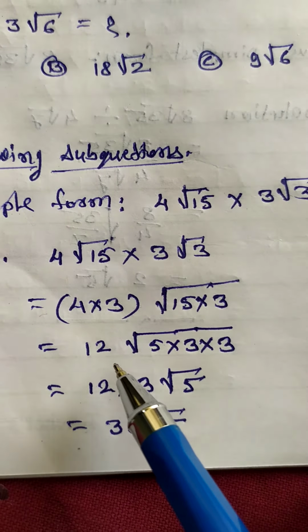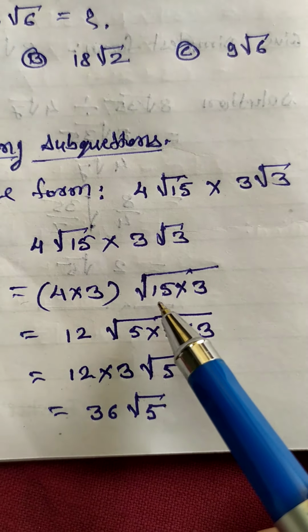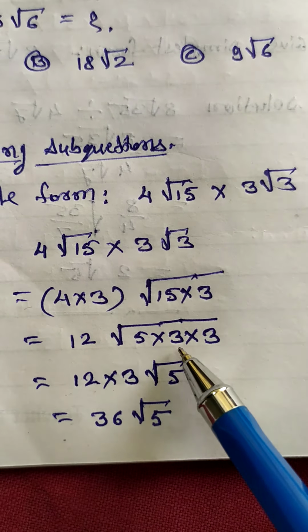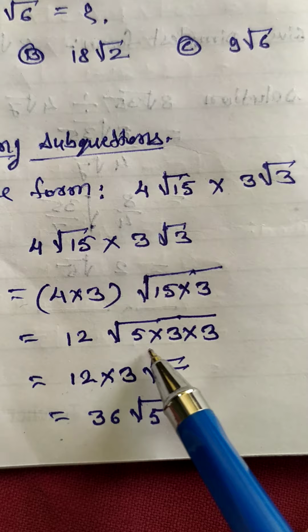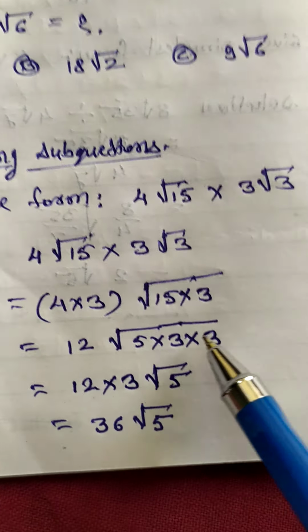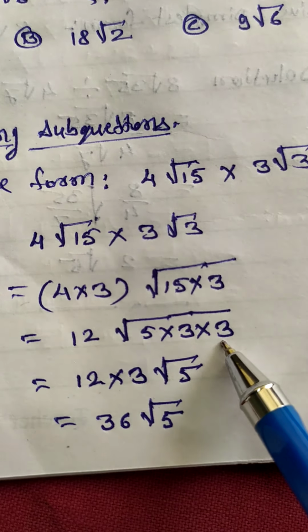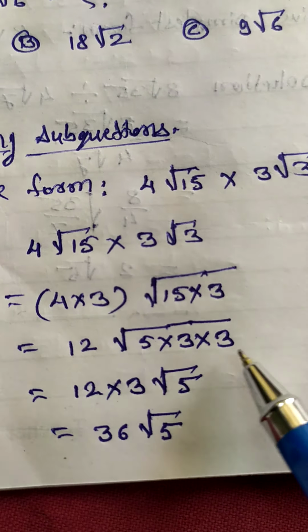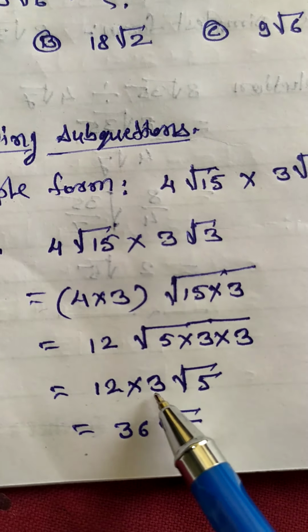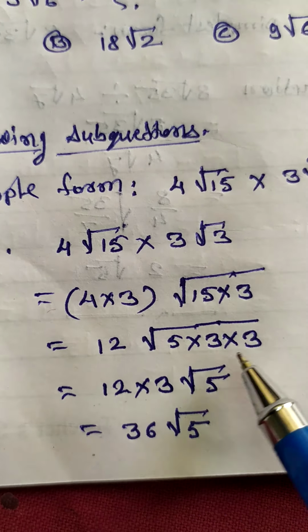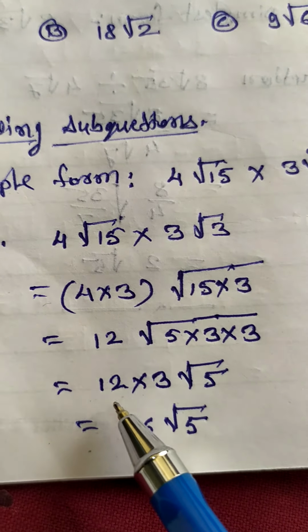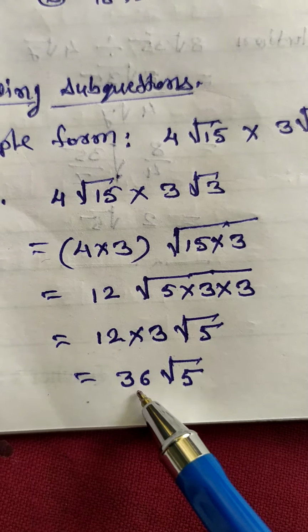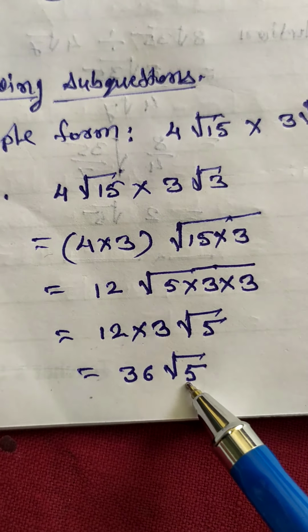Now 4 threes are 12, and 15 means 5 threes are 15. Why do we take these factors? Because 3 into 3 means 9, and root 9 means 3, I take 3 common. So again I write this 12 and 3 into 3, that is 9, and root 9 is 3. So 12 into 3 is 36 and root 5 as it is.